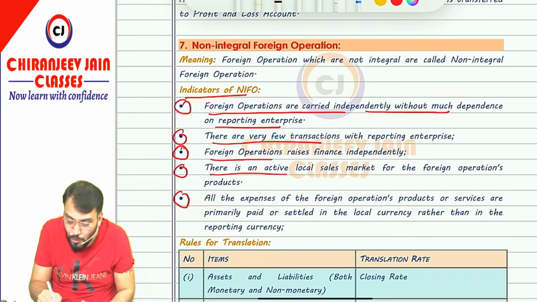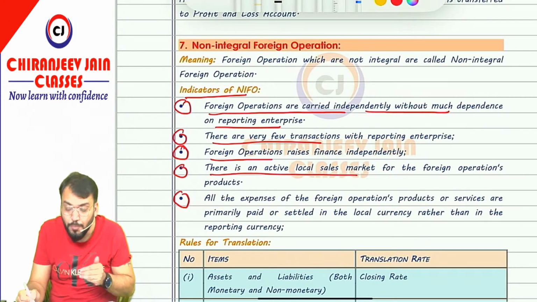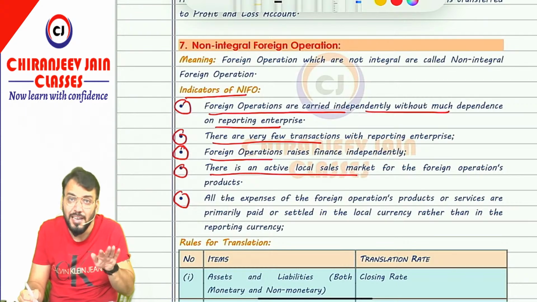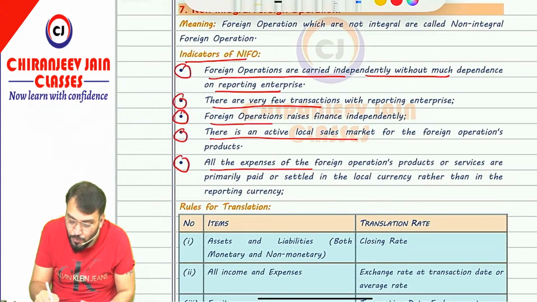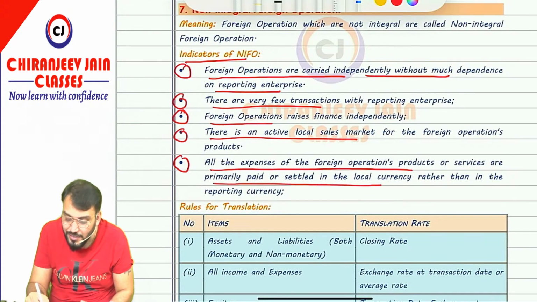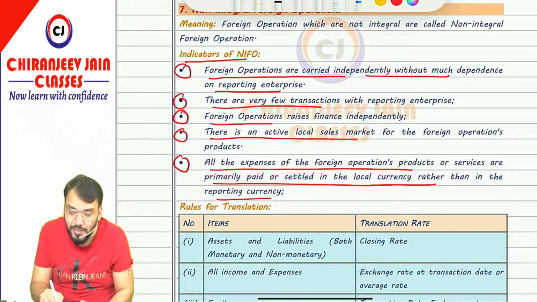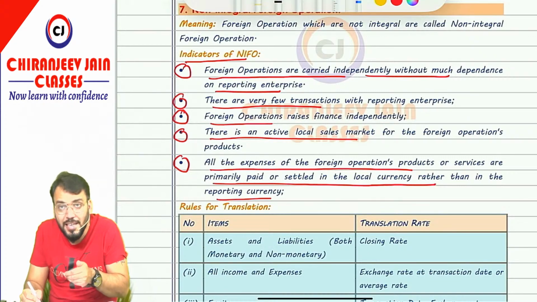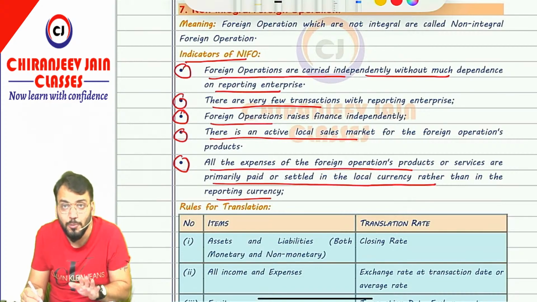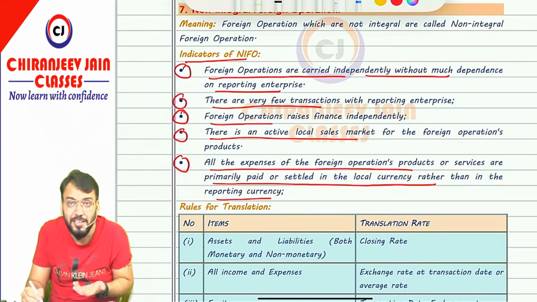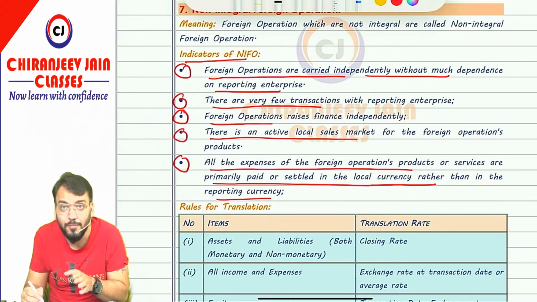There is an active local sales market for the foreign operation's product, therefore they do not want any help from the Indian reporting entity. All the expenses of the foreign operation's product or services are primarily paid or settled in the local currency rather than in the reporting currency, means they can settle all their expenses in their own currency. They do not require support from the Indian reporting entity. It means there is not much dependency and therefore they are non-integral foreign operation.